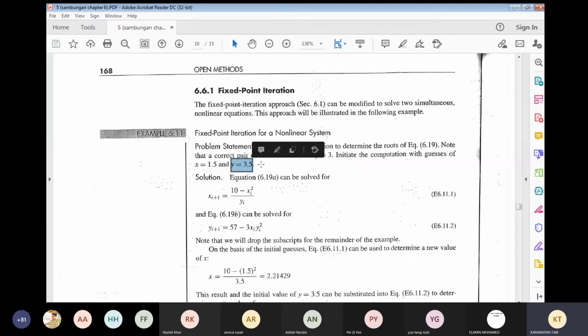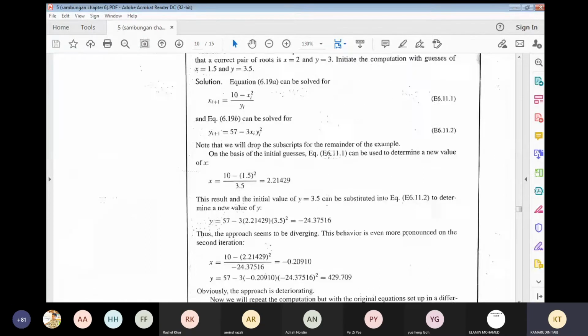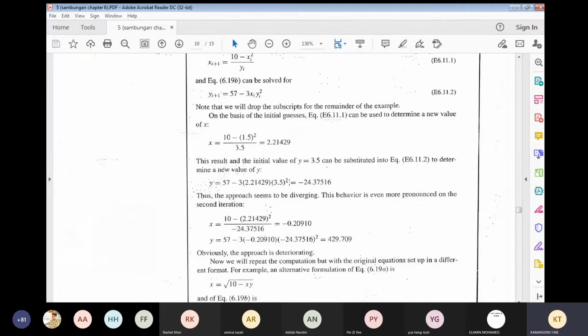By right, after iteration number 1, we should get something like 3.2. I mean, from 3.5, the answer is supposed to be approaching 3. Instead of that, we got negative 24.3756. So it seems that the answer for y is diverging.